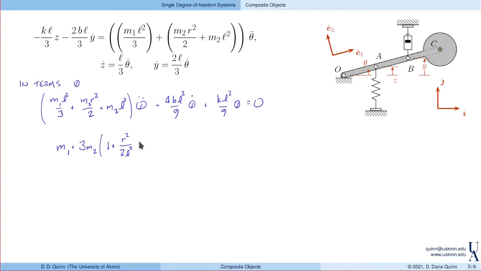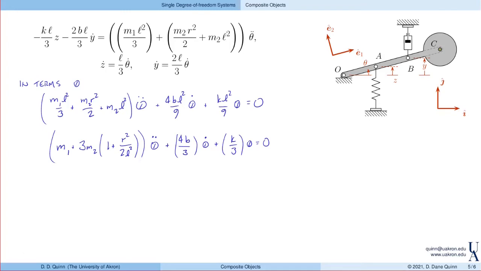Here I've factored out an L squared from all these terms, so I pick up 1 in the denominator. Theta double dot. This piece, the damping coefficient is 4b over 3, and then the stiffness coefficient here is k over 3 times theta is equal to 0.